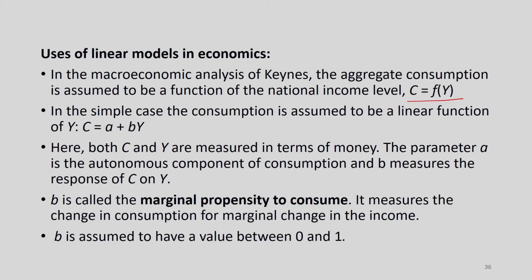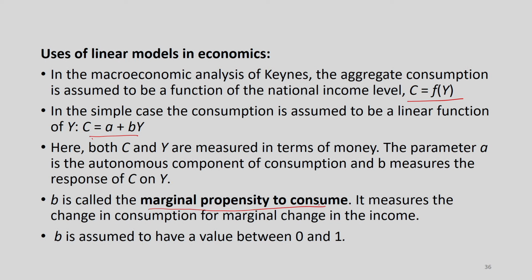So, C is equal to f of y, which means that consumption depends on income, but you can take a simpler form of this particular function. You can take f of y is equal to a plus b y, where a and b are parameters. So, C depends on y, but it depends on y through this particular rule. In this particular form of consumption function, b is called the marginal propensity to consume.